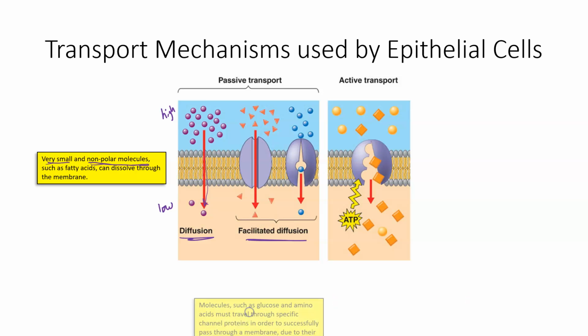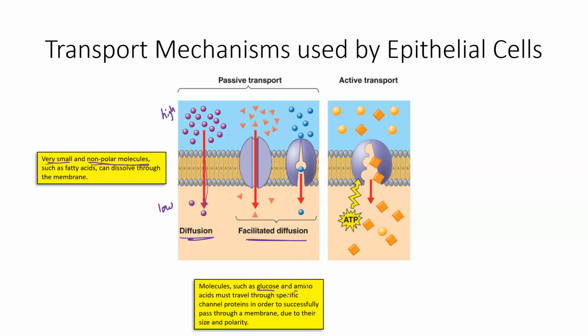If the molecules are slightly bigger, such as glucose or amino acids, they often have to travel through channel proteins or transport proteins, utilizing a process called facilitated diffusion. Okay, facilitated diffusion is diffusion. They're still following their natural concentration gradient from high to low, but they are often too big to move directly through the membrane, or they're polar, or they're charged, and so they can't fit directly through the membrane.